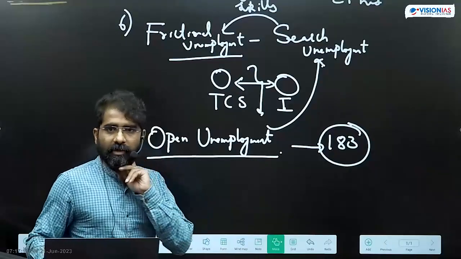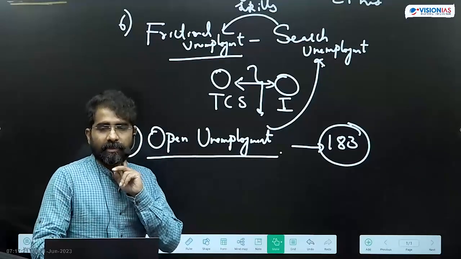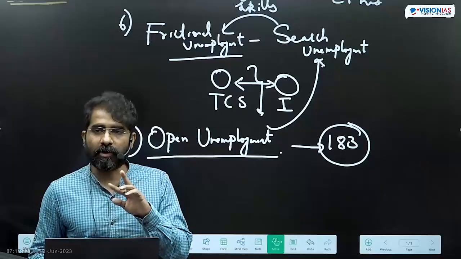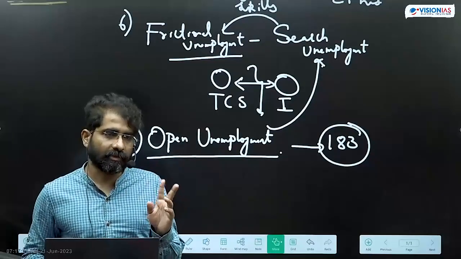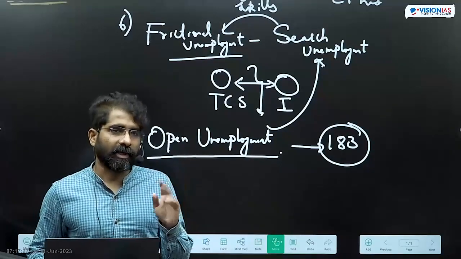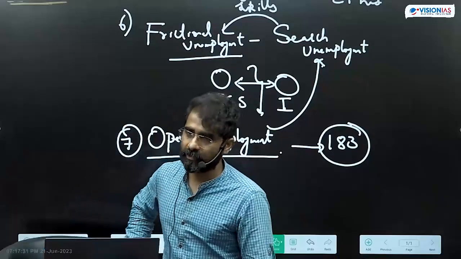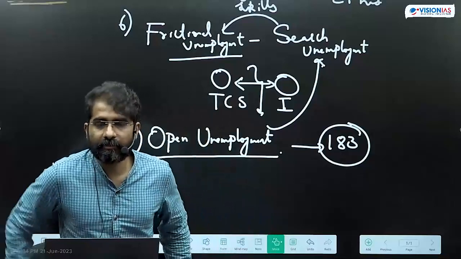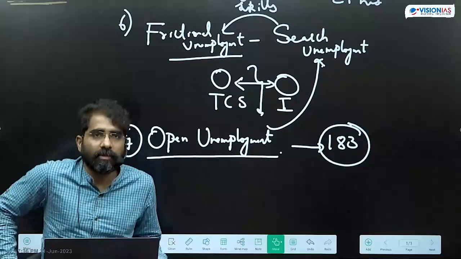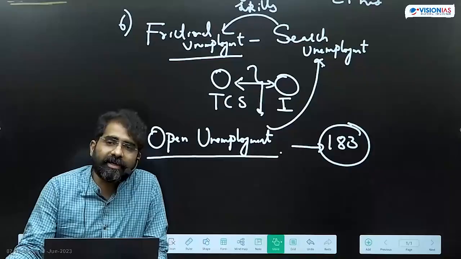Structural is change in technology. Frictional is also called search unemployment, you're searching for new jobs. And then cyclical unemployment, this is demand driven. During COVID, there was cyclical unemployment because the market did not do well. So it is basically demand or market related unemployment.